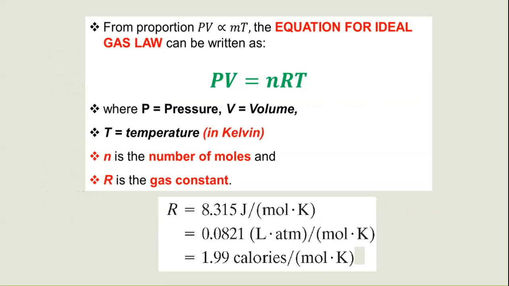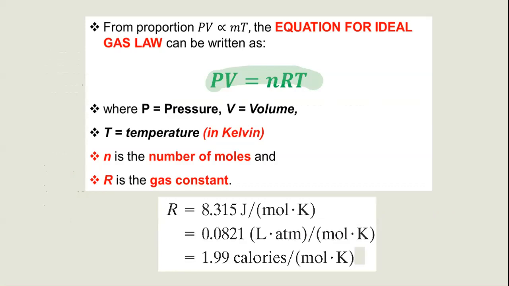So again, from the ideal gas law, we have PV is directly proportional to mass times temperature, and you can also have this equation, PV is equal to nRT.